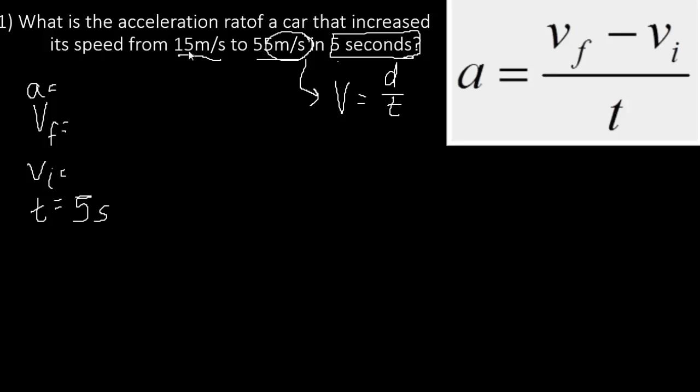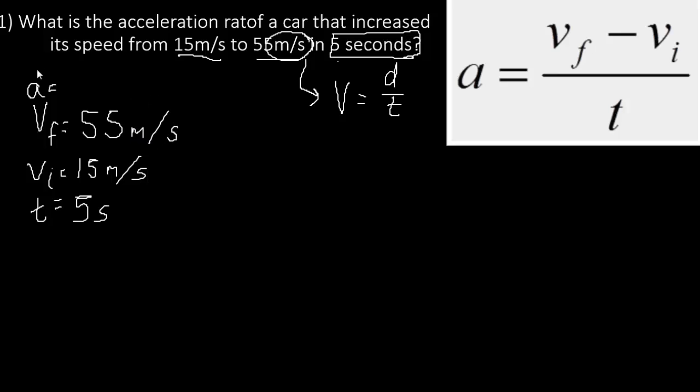If we read carefully, we're going from 15 meters per second all the way up to 55 meters per second, so 15 meters per second is our starting velocity, otherwise known as our initial velocity. So VI is equal to 15 meters per second, and VF is equal to 55 meters per second.